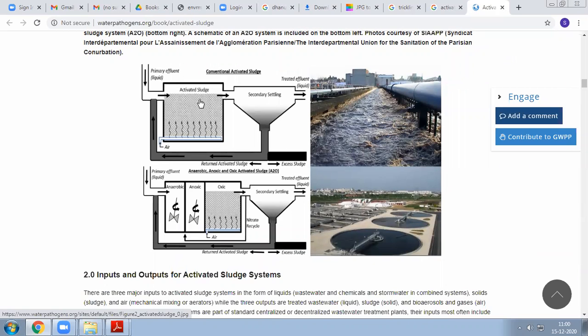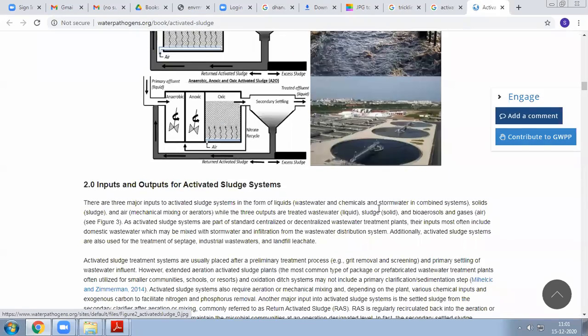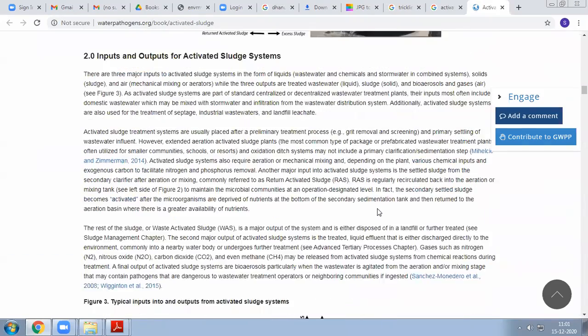So this is when you visit an industry, it will look like this. This is the sedimentation tank. This is all the activated sludge process going on. It will reach your sedimentation tank, or clarifier we call. Okay, this is how it looks in industries.